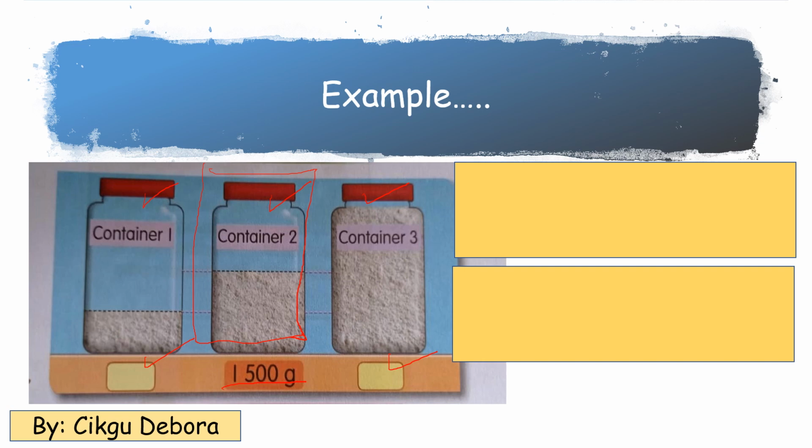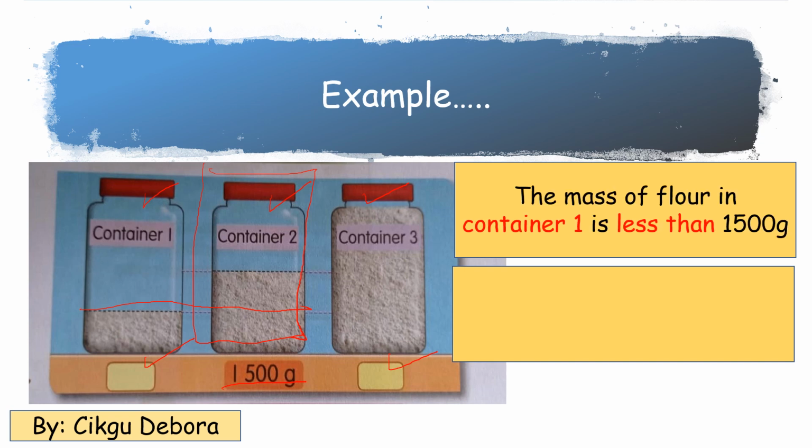So for the first one, container 1, we compare with container 2. If we compare here, container 1 has less flour than container 2. So we can make estimation that the mass of flour in container 1 is less than 1,500 gram.